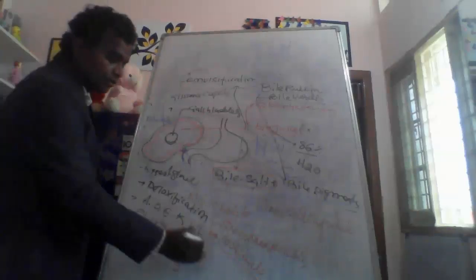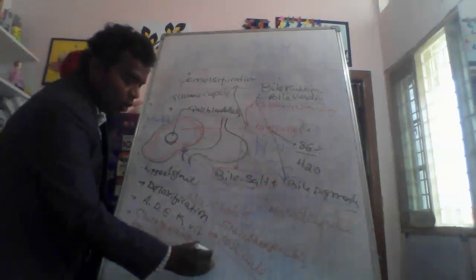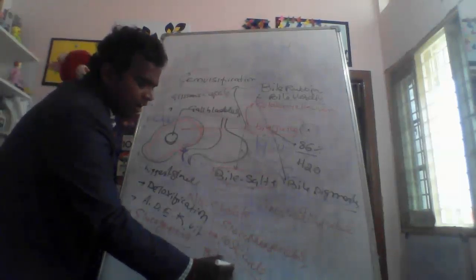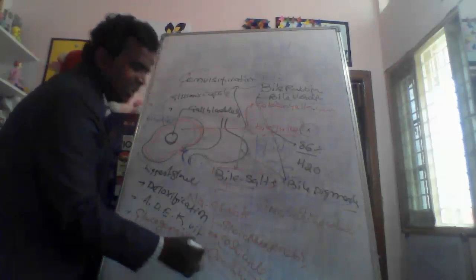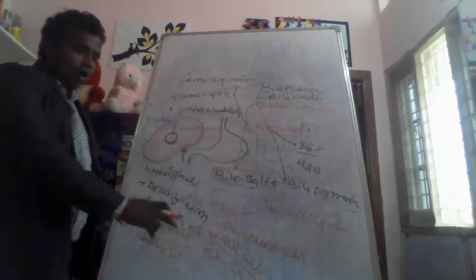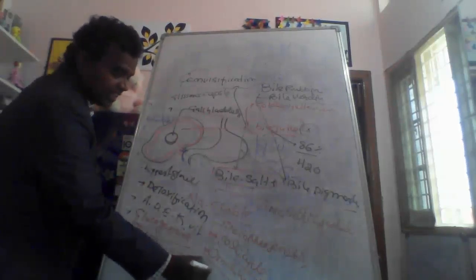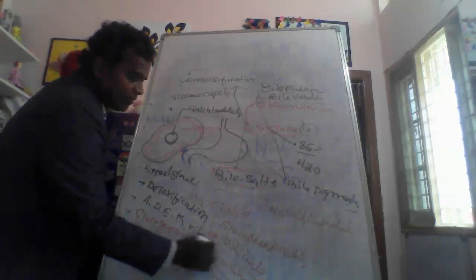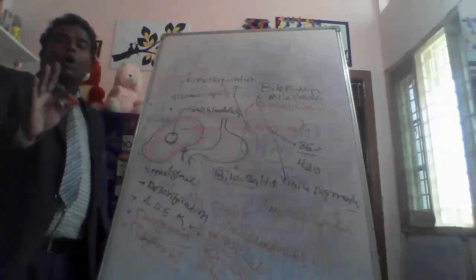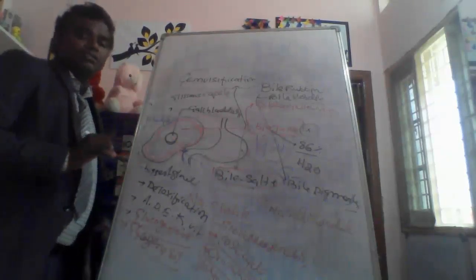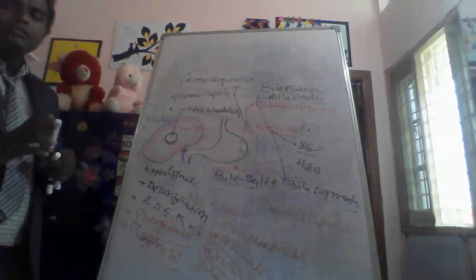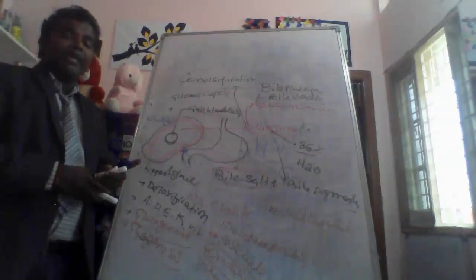Next, in the liver, the ornithine cycle takes place. Ornithine, that means the urea cycle. It is also called the urea cycle, the ornithine or urea cycle. This is a main important one.